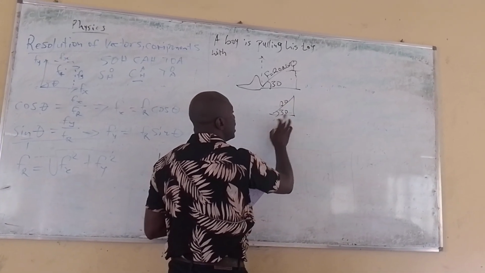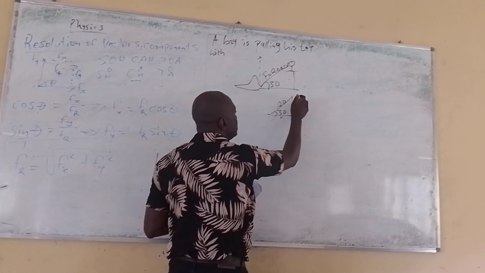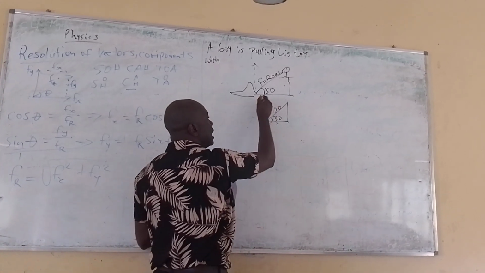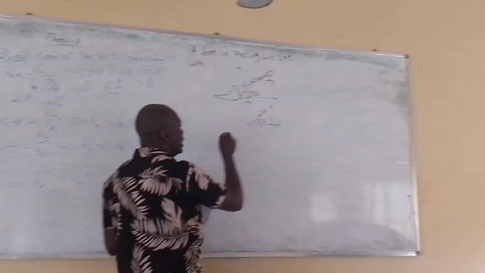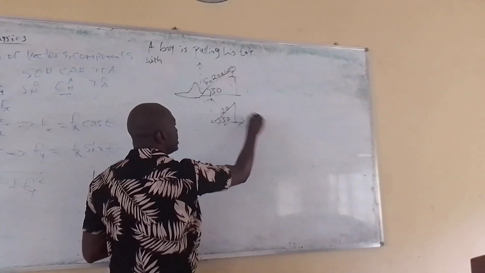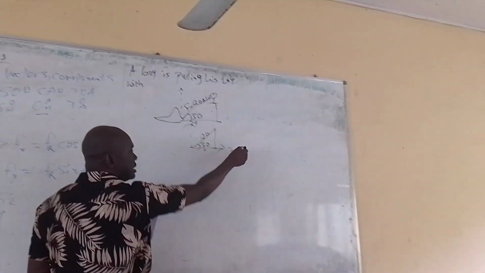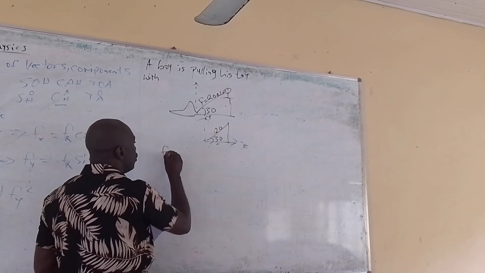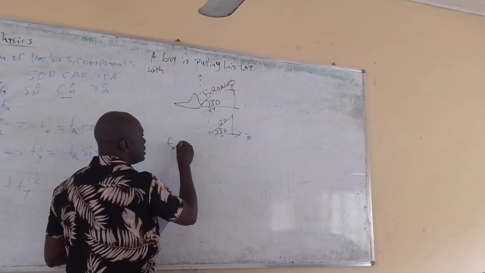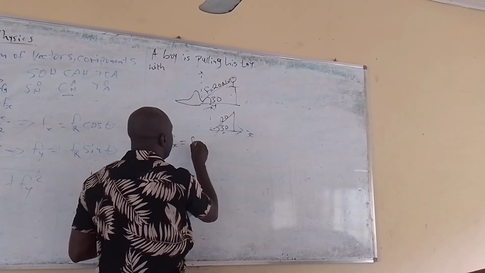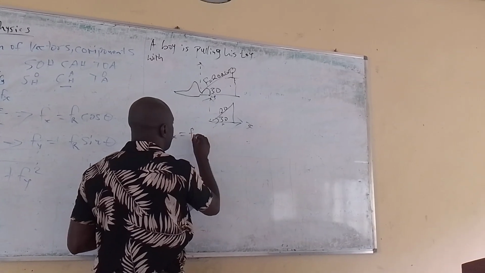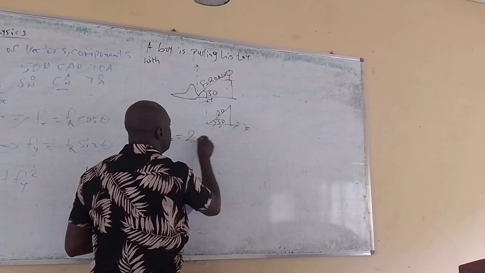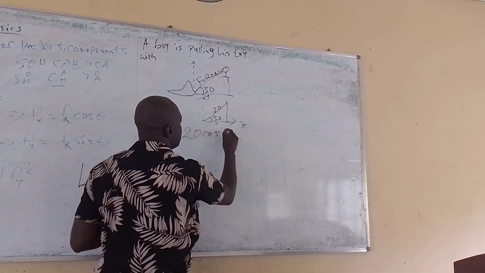So we have to find this side and this side, as a result of our resolution of vector, the way we did. Remember, I said this side is S, this side is Y. So finding this side, Fs is F cos, if you like Fr, but let me put it as 20 cos 30.